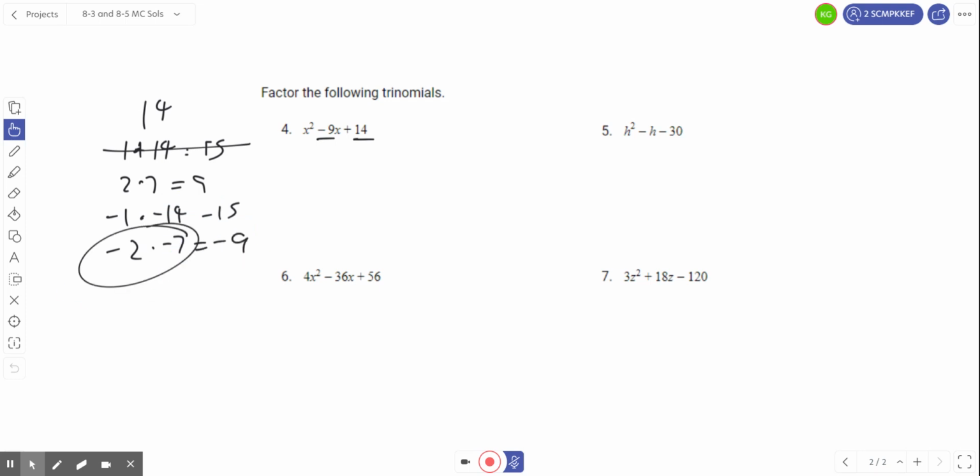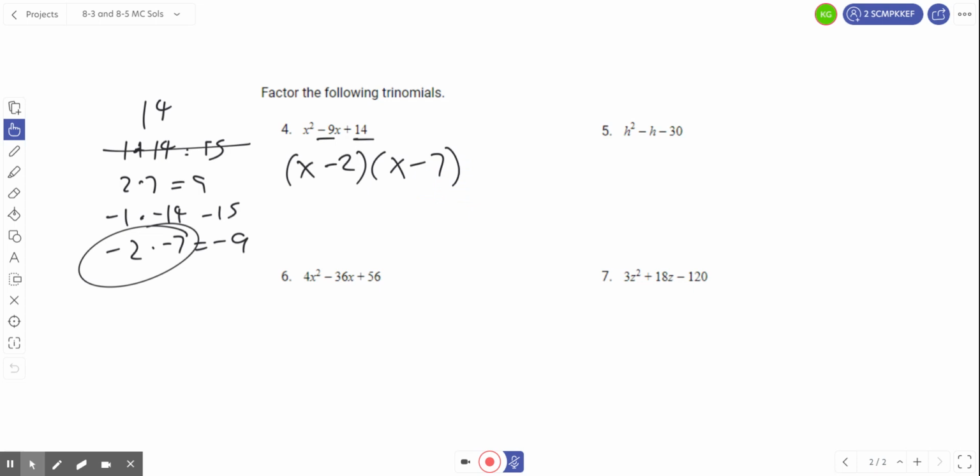And that's what I was looking for. Those are my factors of 14 that add to -9. So my factors are going to be x minus 2 times x minus 7. Now, if you were to multiply those, distribute those out, you would get back to x squared minus 9x plus 14.